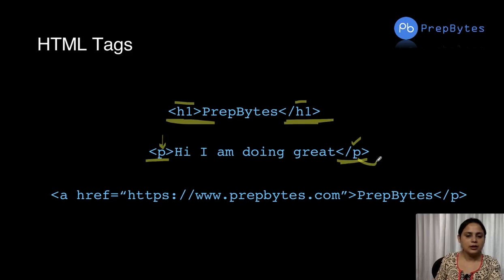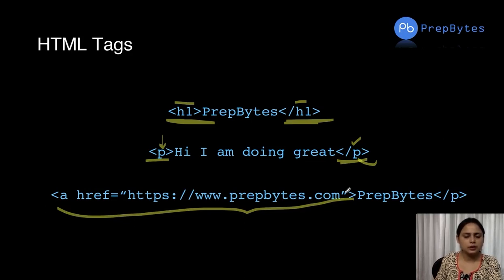Now, as I said, you will have two kinds of HTML tags. The ones in which you have a proper opening tag and closing tag, and then HTML tags which are also known as self-closing tags. As we go ahead we will see about that as well. Here the opening tag also has several other things, which are called attributes.